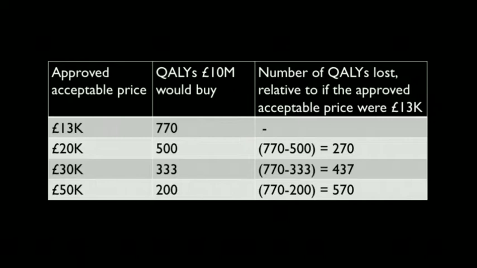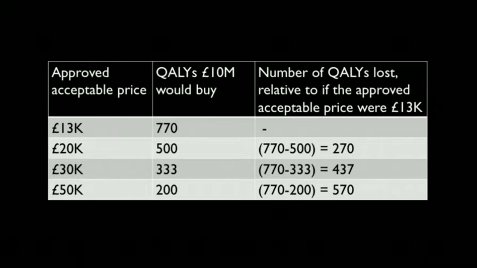The last column is the number of QALYs lost relative to if the approved acceptable price were £13,000. The most stingy situation I've given you is the UK saying we're not going to buy drugs for anybody unless the price is £13,000 or less for a QALY.